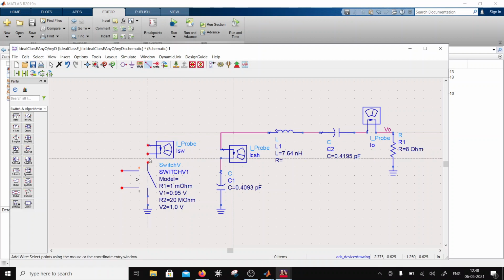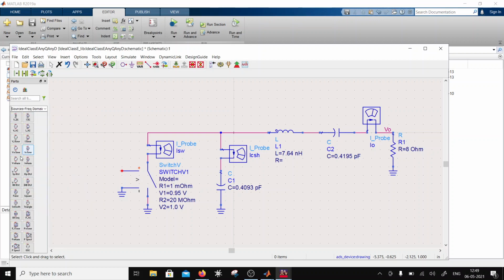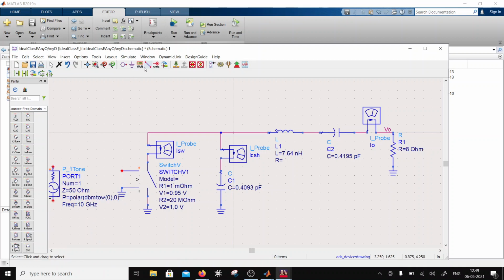Correct. So this is going to be the current through the switch, and then I'm going to ground this, and I can put here a sine wave if I want. I can put a square wave if I want. So let's put here sources frequency domain, and let's say I'm going to put here P1 tone. Really it doesn't matter. Let's say I'm going to do this at 10 gigahertz, because this is designed for 10 gigahertz, right?